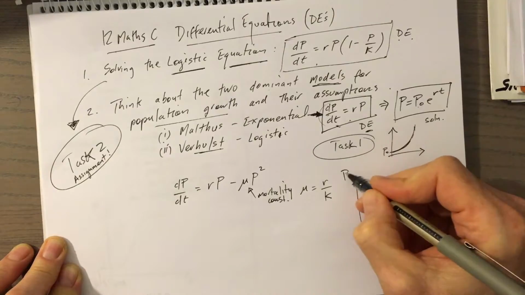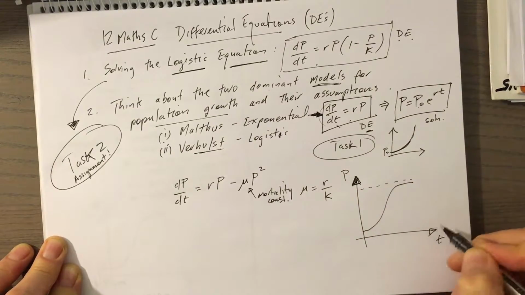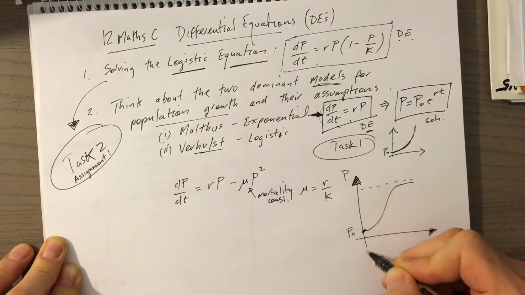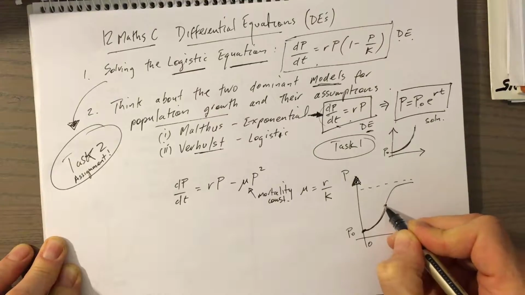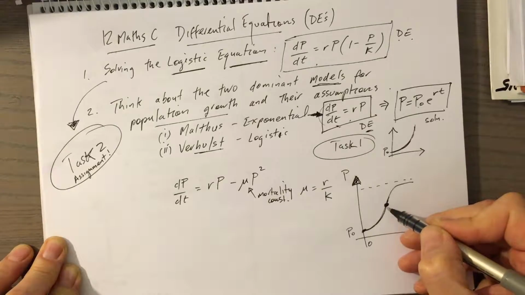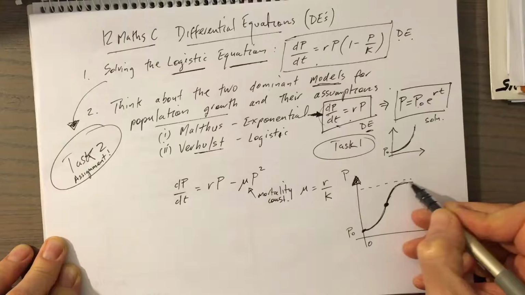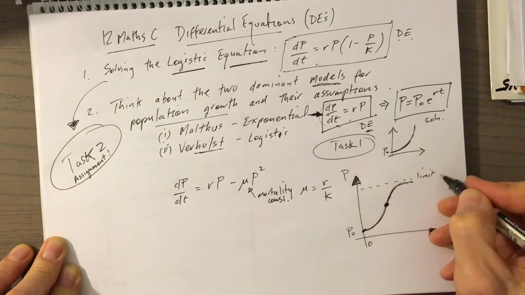Okay, so we can say this is population, this is time, and at the start, this is the initial population, of course, at time 0, and we see at the start there is that exponential growth. Okay, but then at some point here, there's an inflection where the increase in population starts to turn the other way, and it heads towards this limiting value here, which we call K.